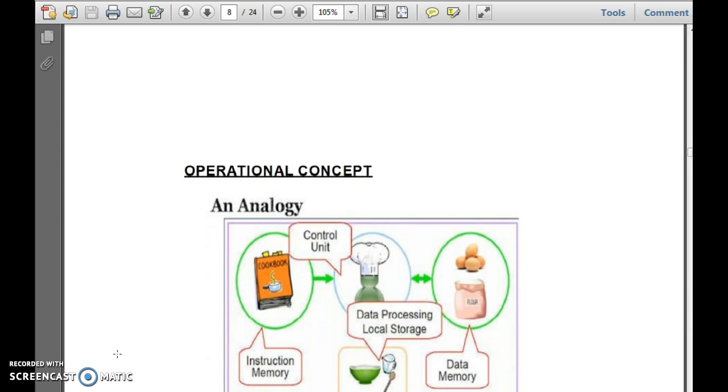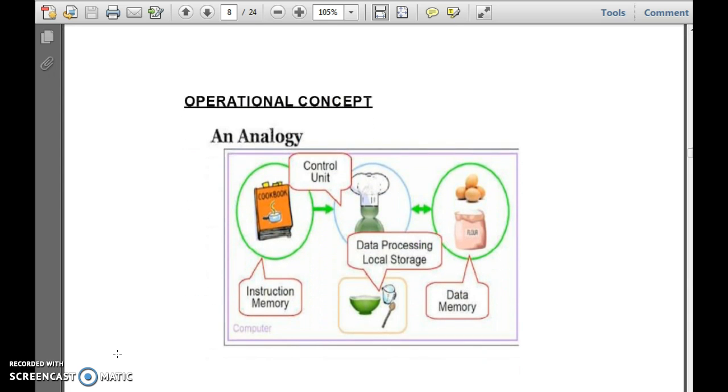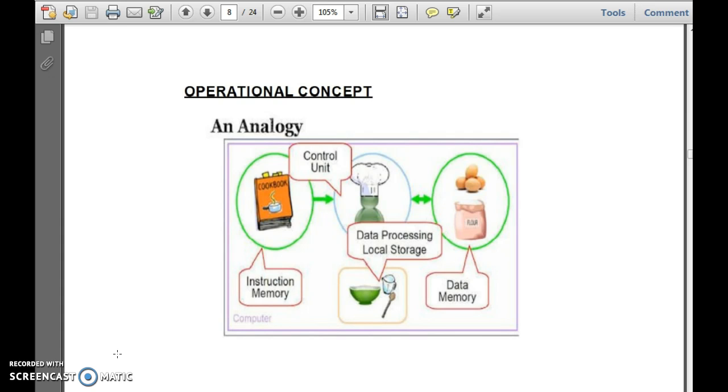And now let us see an operational concept analogy. So here a cookbook is compared to the instruction, a chef is compared to the computer processor. What a chef does is, he'll be following the instruction from the instruction book, and he'll be cooking his own product, that is processing, and then finally he'll be keeping it in the store.